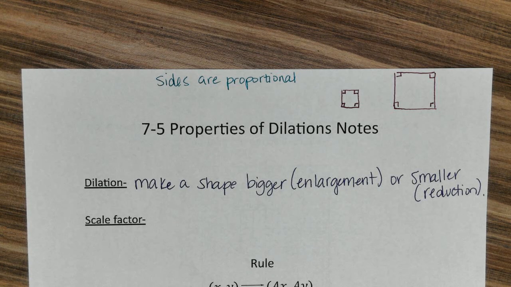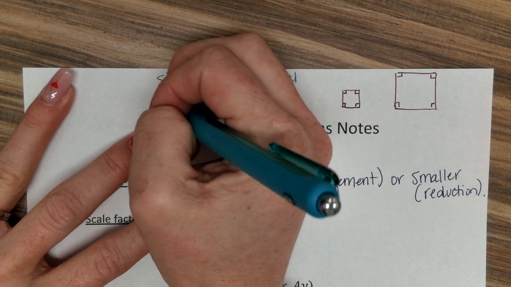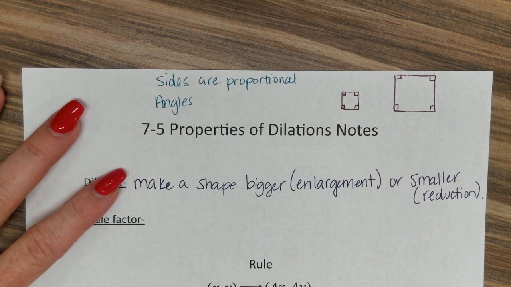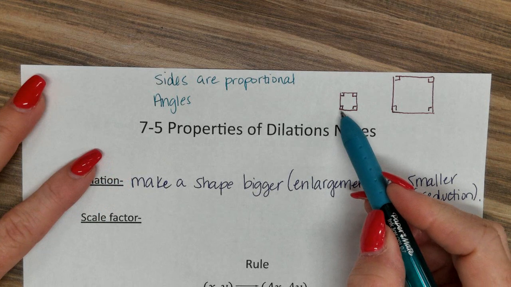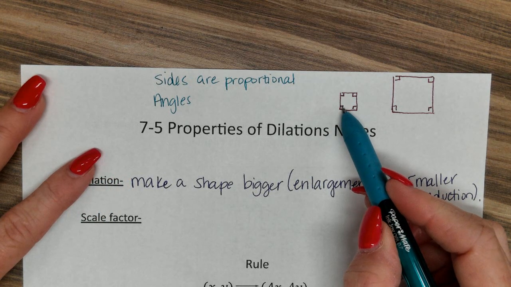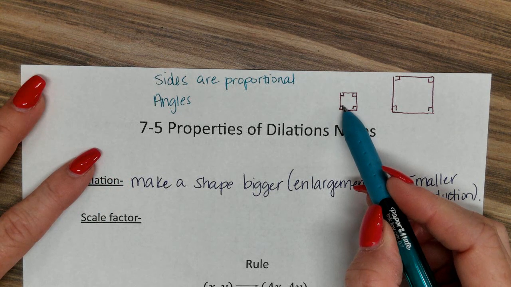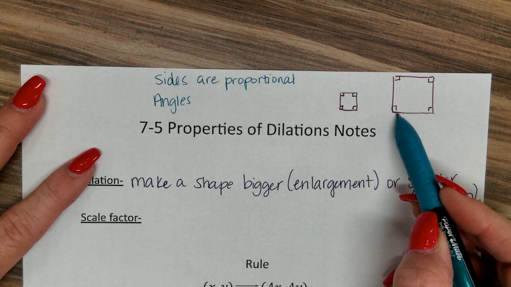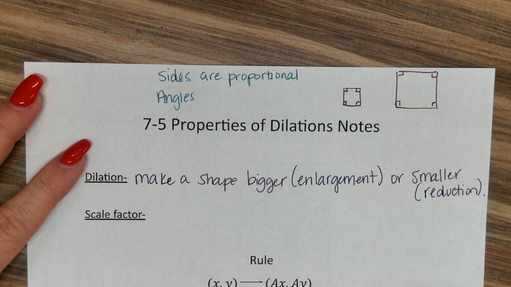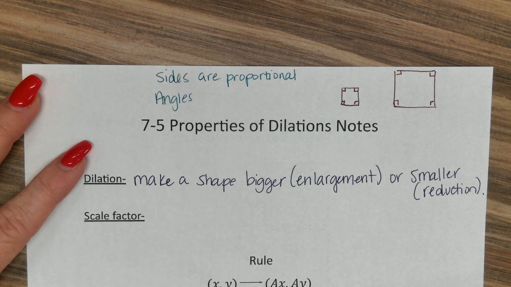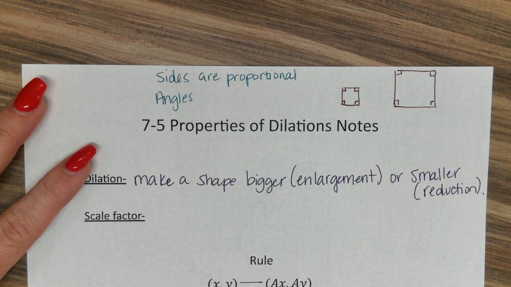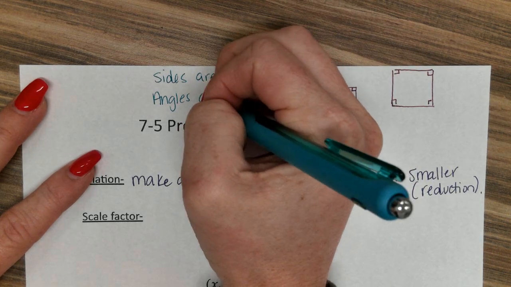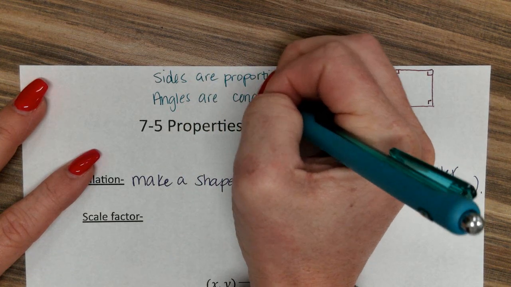Now let's talk about the angles. Write this down. Don't say it. I want you to think about it. Look at this angle. How many degrees is it? 90. Look at this angle. How many degrees is it? Okay. So what would the angles be? Congruent. The angles are exactly the same. The angles are congruent.